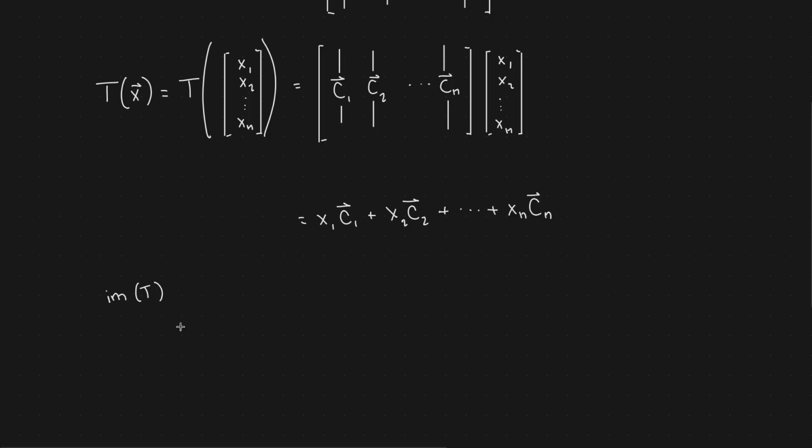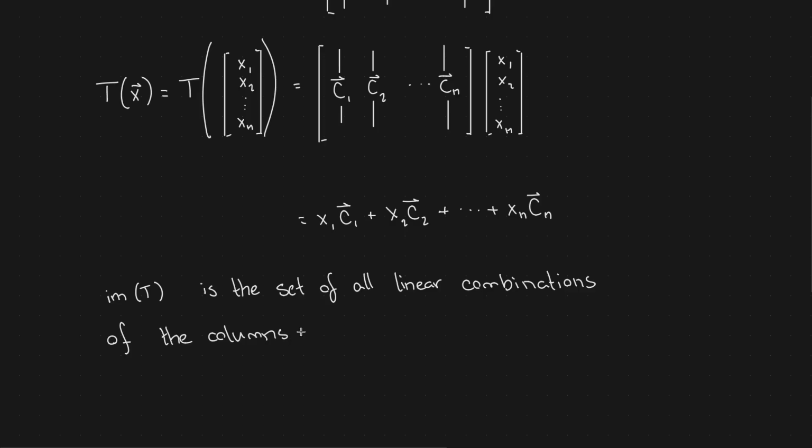So the image of T, which is all the possible outputs I could get from applying transformation T, is the set of all linear combinations of the columns of the standard matrix of transformation T. But we have a special name for that.